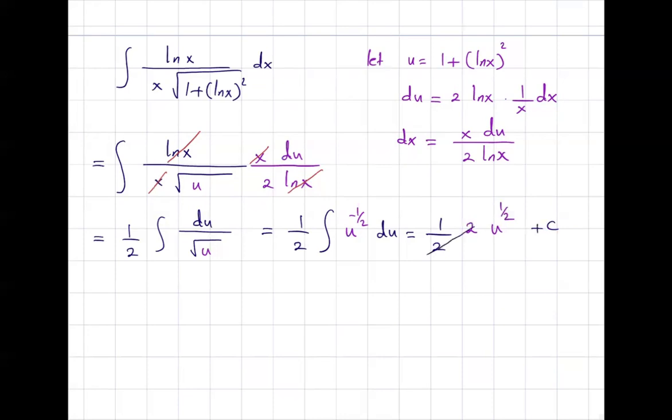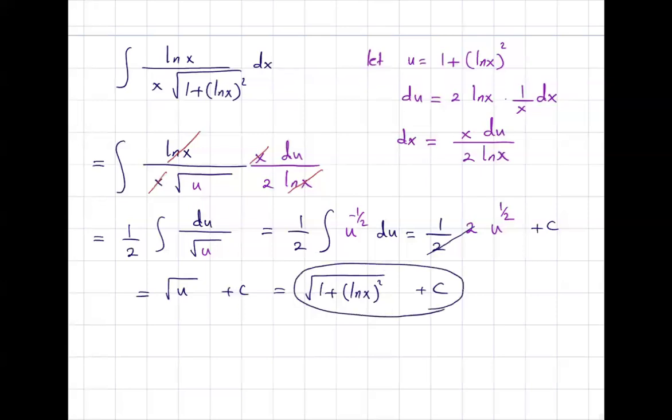You can cancel out 2 and a half, so you end up with square root of u plus c. But what is u? u is 1 plus ln of x to the second power, plus constant of integration.